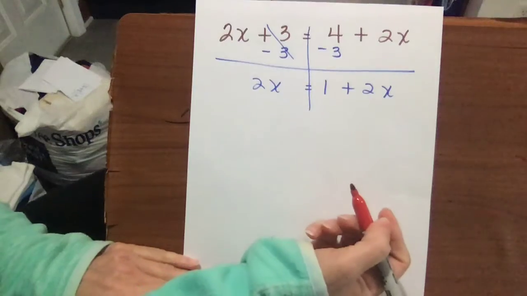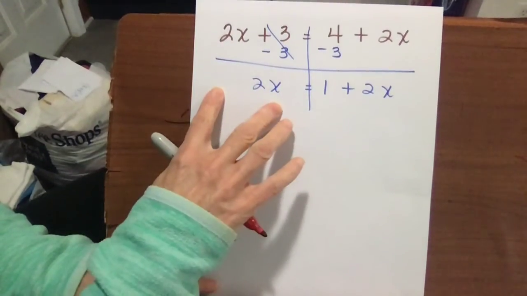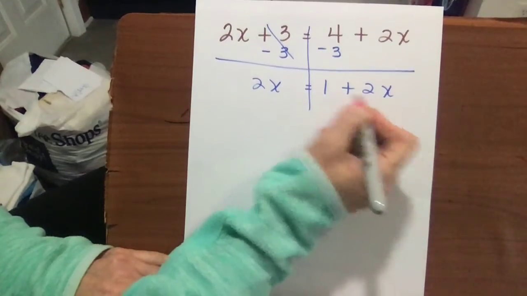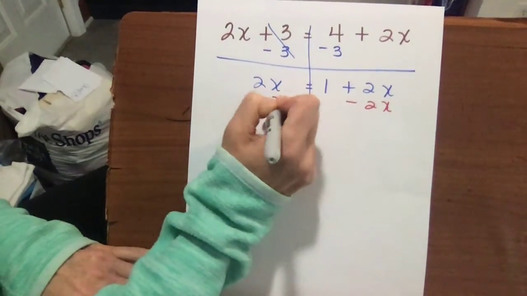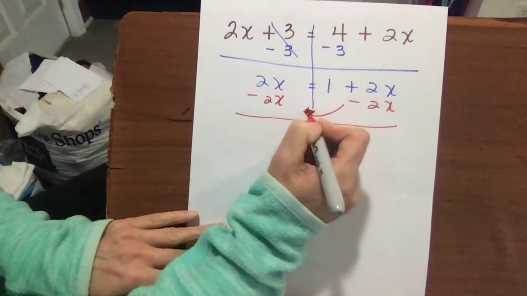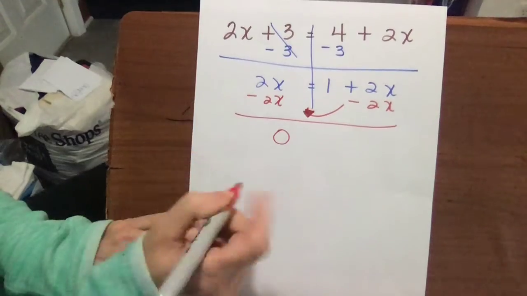Let's get our variables on the other side. Since there's nothing on the left to gather up anymore, my variables will have to live on the left side. So let's bring this 2x over by subtracting and subtracting. 2x minus 2x is 0. Not 0x, just 0.